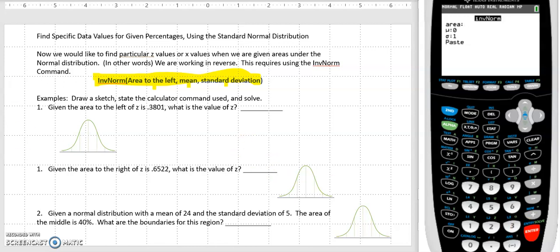Let's look at a problem back on our page. It says, draw a sketch and state the calculator command used to solve. Given the area to the left of z is 0.38. Now, I don't know what z this is.